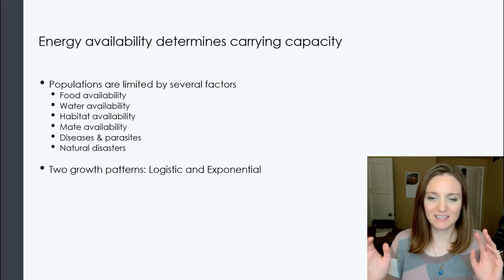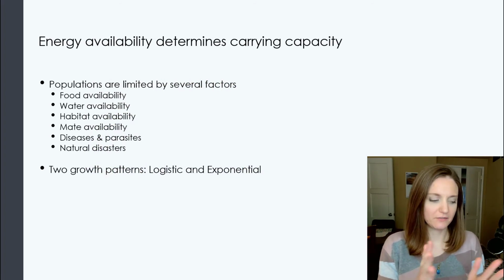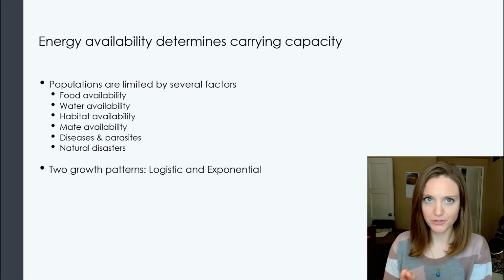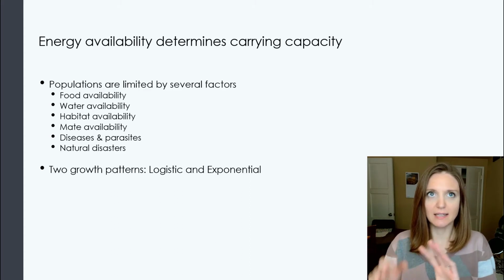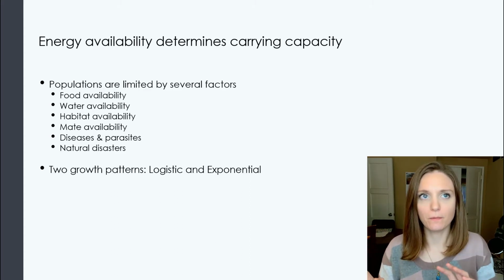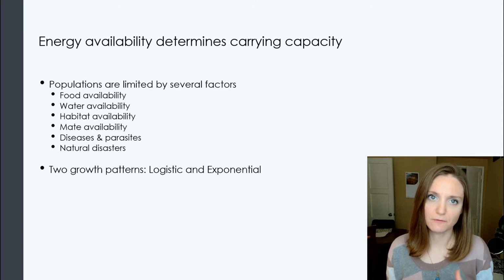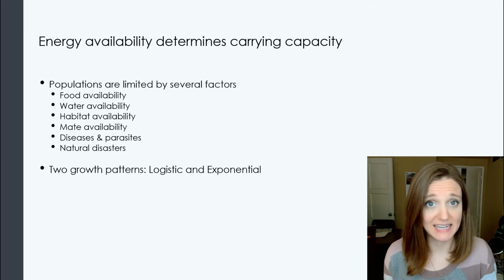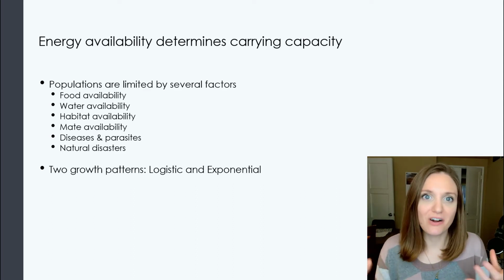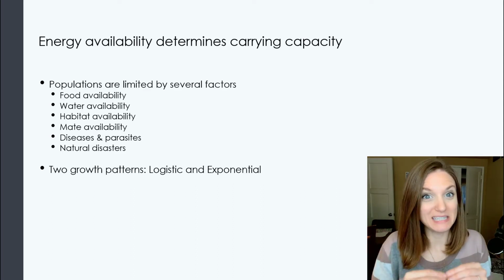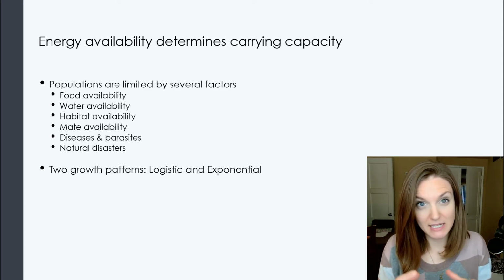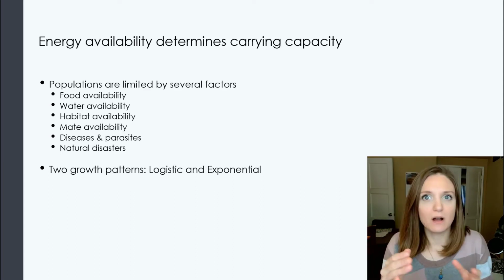So now let's take these ideas of primary production and energy, and let's think about how they have implications for population size in an ecosystem. Population, remember, that's all of the individuals of the same species living and interbreeding in a given area.